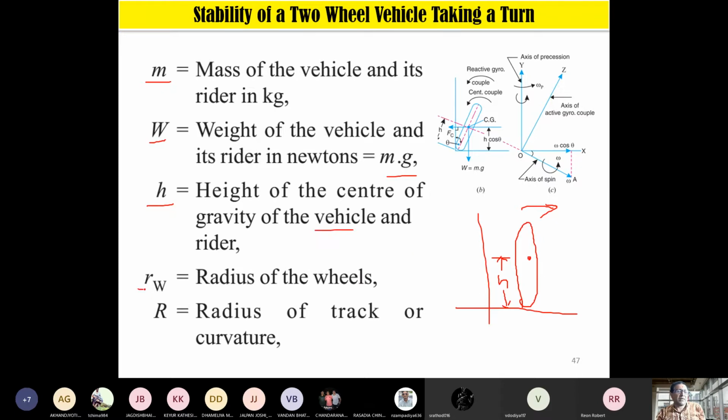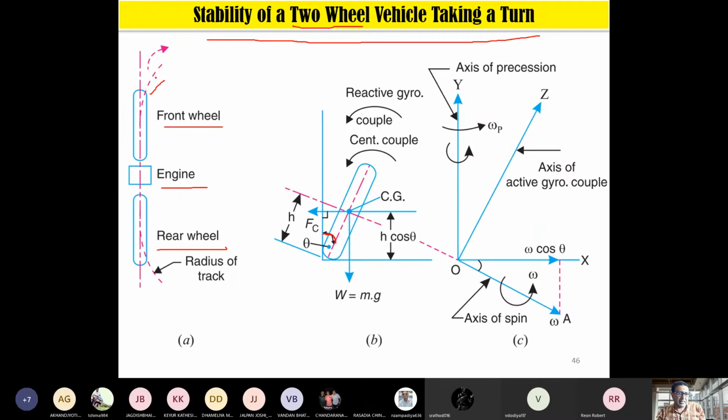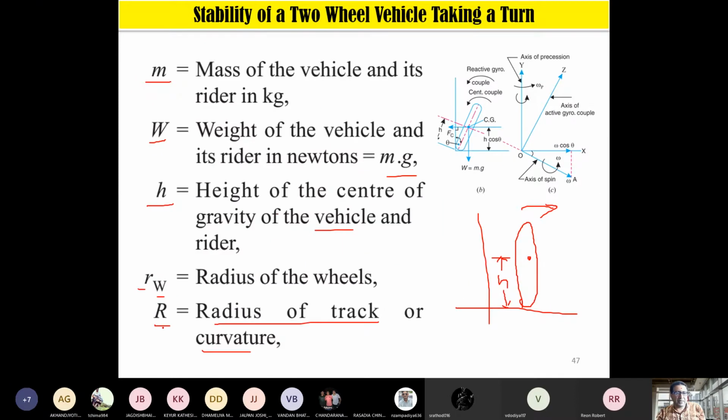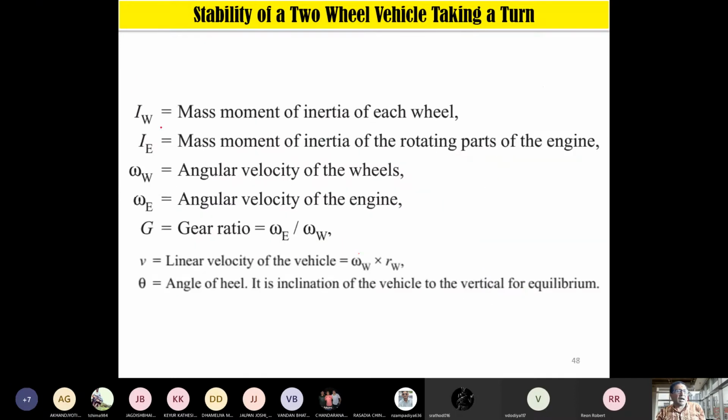Now again, radius is r, but this is for w, meaning for the wheel. Capital R is the radius of the track and curvature, which is shown here, where it is taking a turn, so it will generate a full circle, something like this. Then the radius of this is equal to capital R. IW, similarly to the four-wheel drive, is the mass moment of inertia of each wheel.